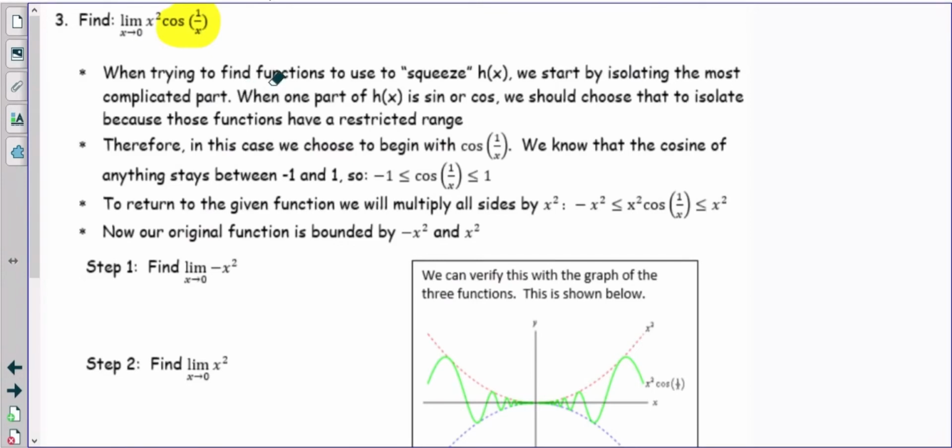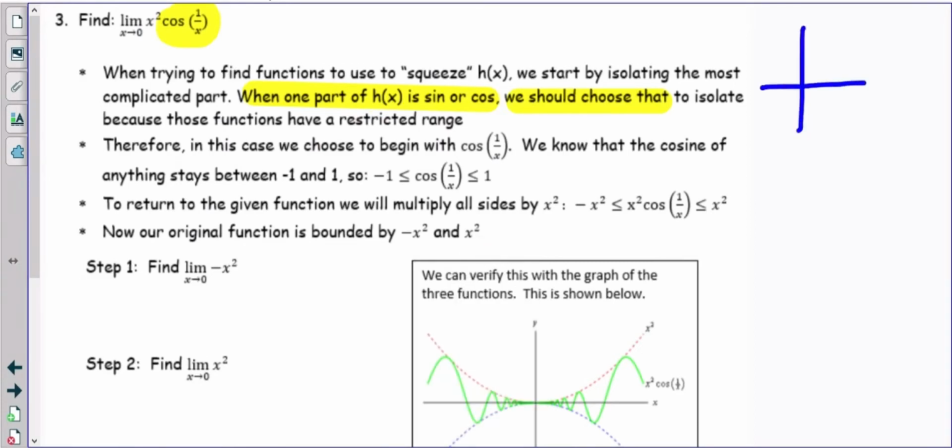Also, if you read this sentence here, it says, when one part of h of x is sine or cosine, we should choose that as our inside piece, or our part to isolate. And the reason that we choose that is because those functions have a restricted range. So I want you to think about a cosine graph for just a moment.